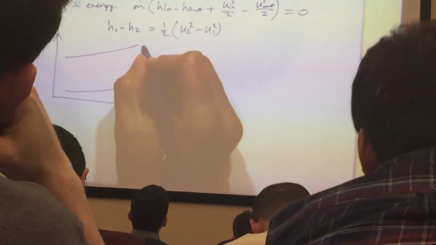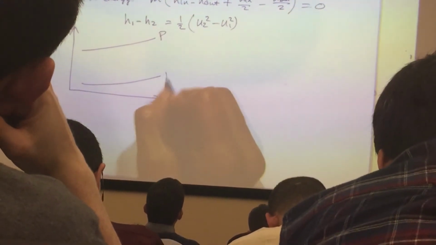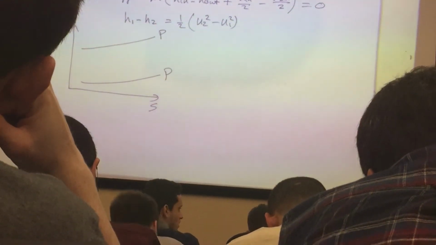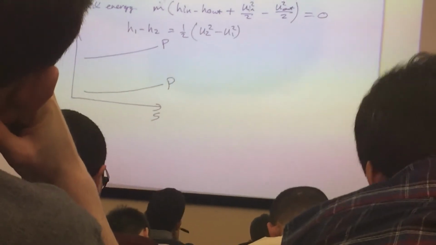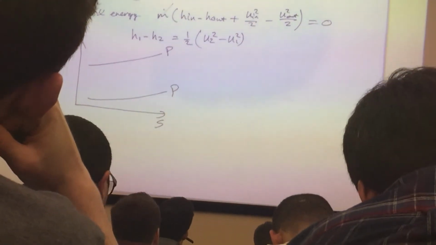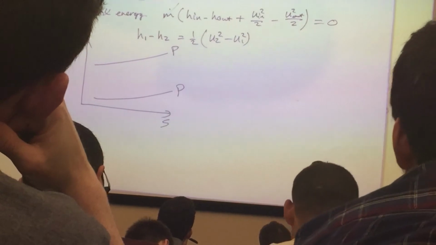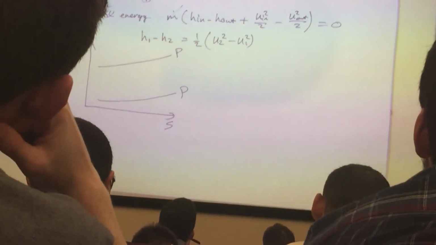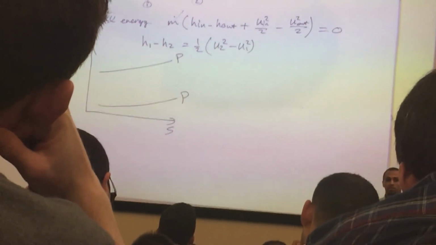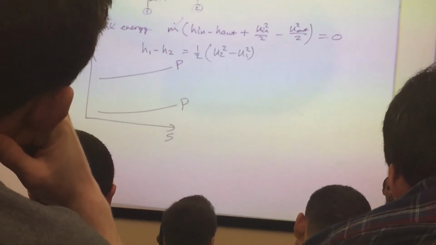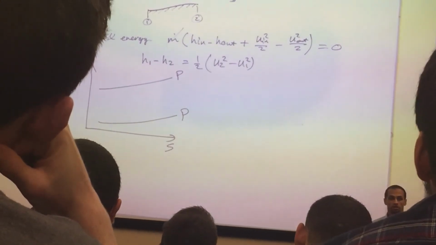I got two pressure levels. Which is high pressure and which is low pressure, assuming this is subsonic? You guys are aero, you should know this already. Subsonic flow going through a nozzle: which is the higher pressure and which is the lower pressure?